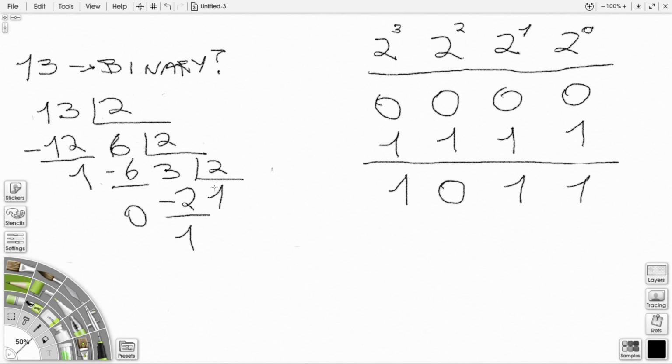Once we get to 1, we're going to take this result here, 1, and we're going to go backwards.